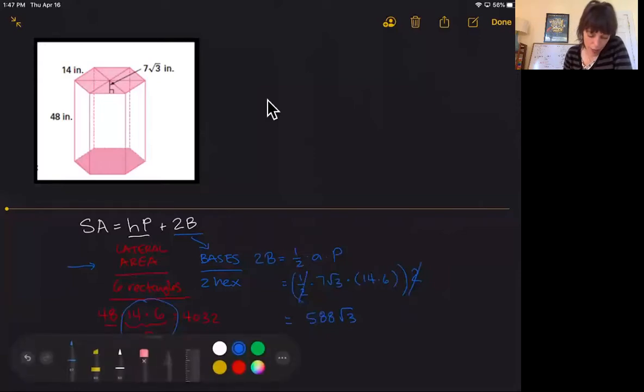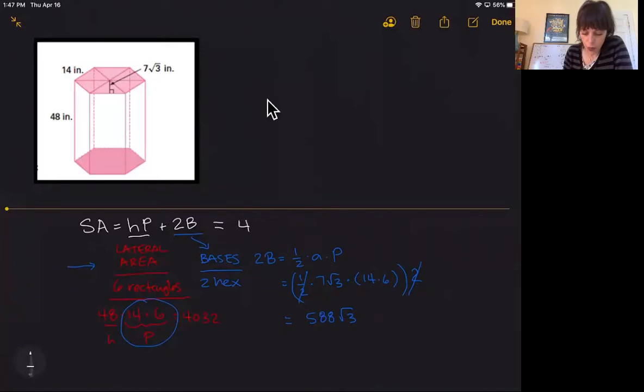So now when I come back up to this and I put all of this together, my HP was 4032 plus the area of my 2 bases was 588 root 3.